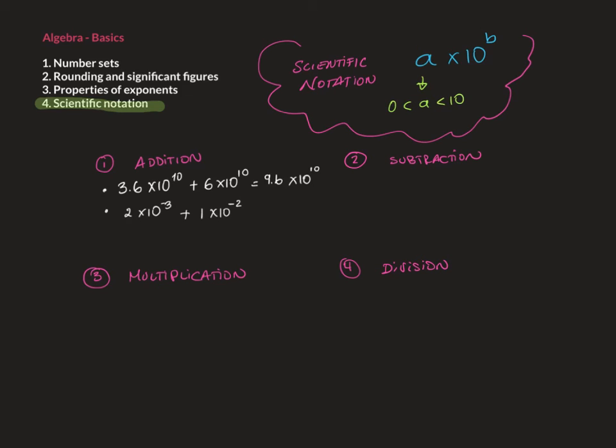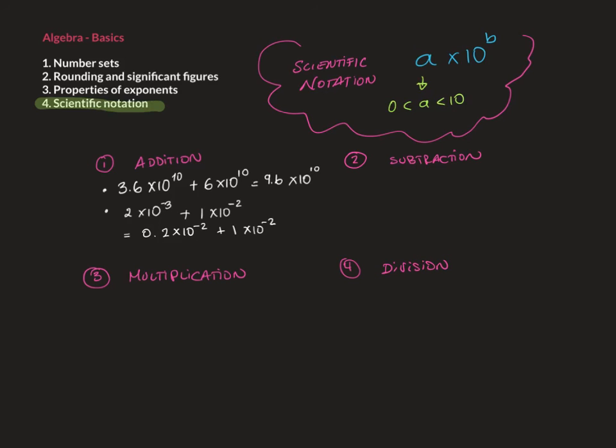When they are different, it becomes a little bit problematic because then you in principle cannot add them. We talked about it in the previous section, properties of exponents. They have to have the same exponent in order for us to add them. So what you can do is rewrite the numbers so that they share the same exponent.